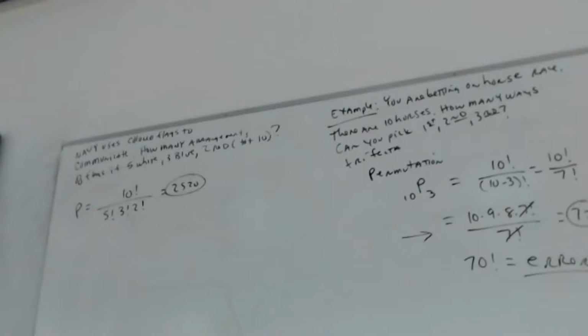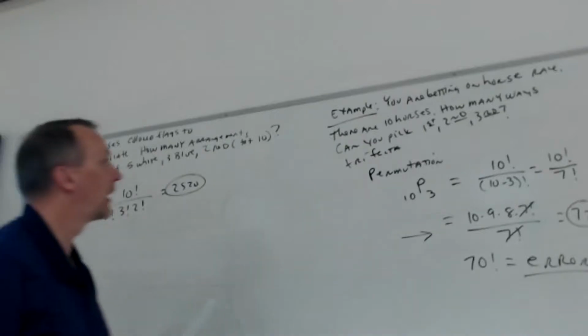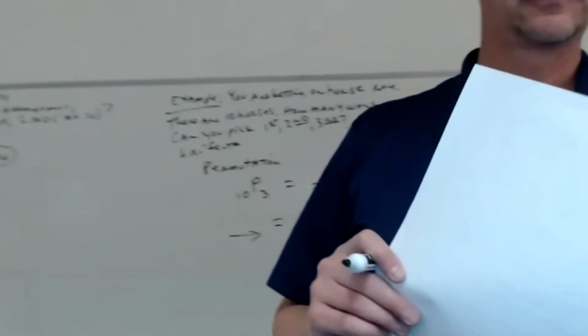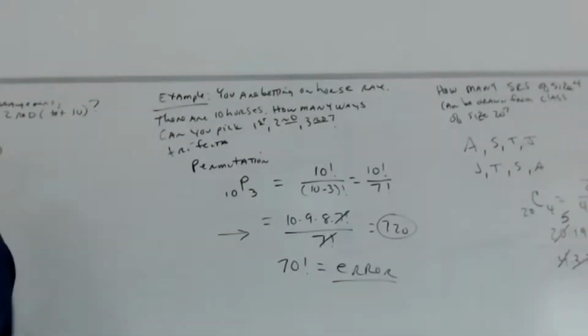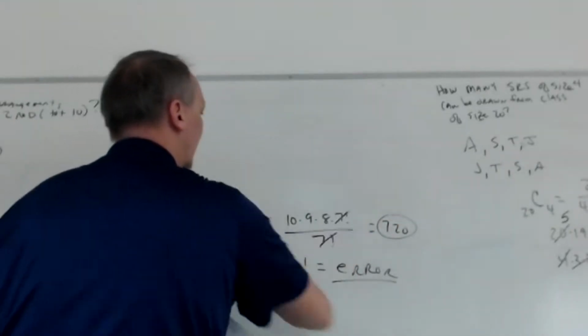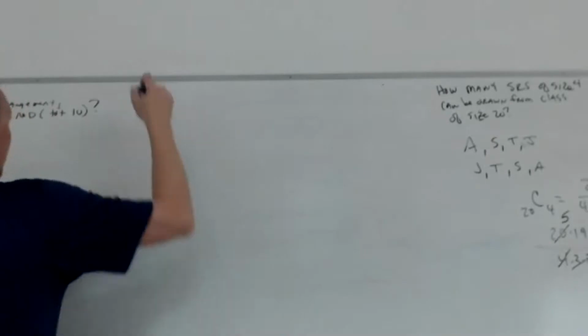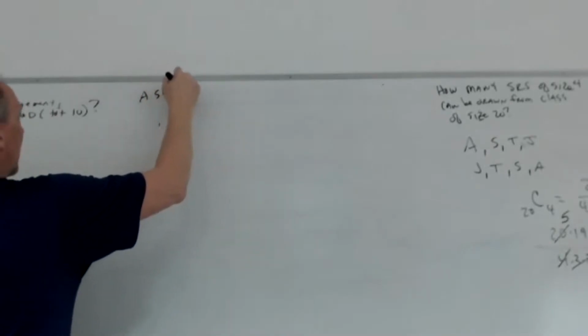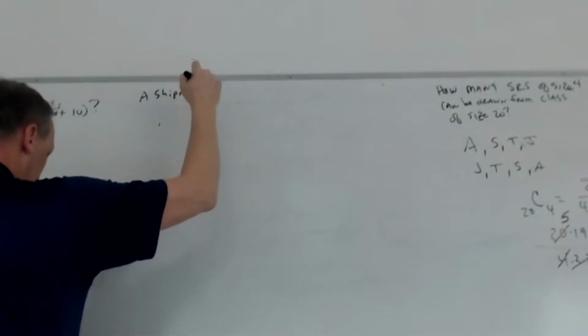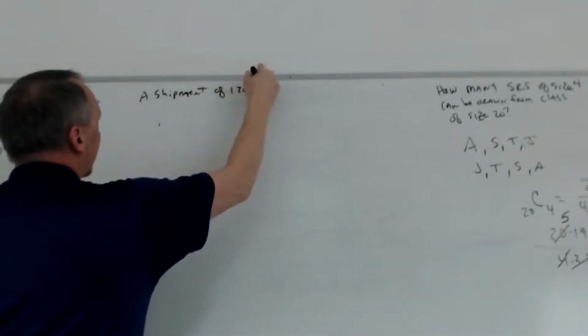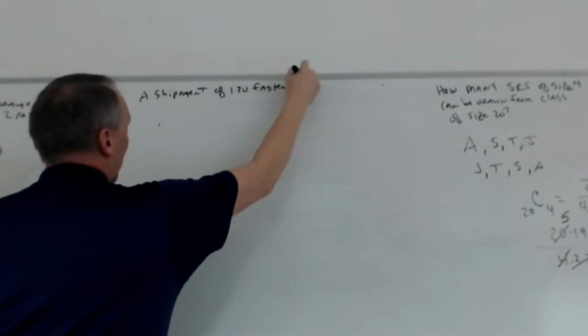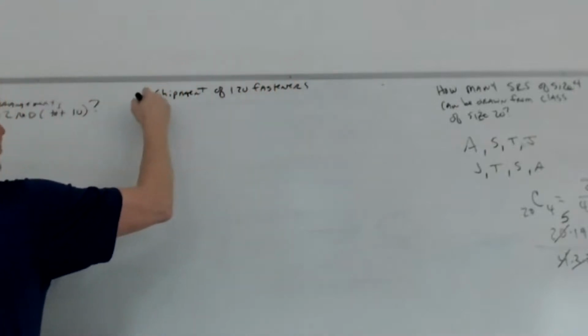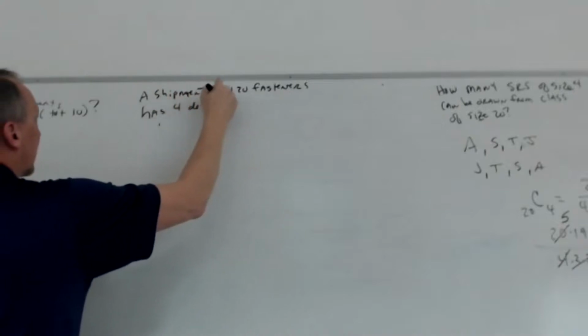Now, remember chapter 5 has been dealing with probability. We haven't talked about any probability today, have we? Now's our chance. Okay? So let's say a shipment of 120 fasteners has 4 defects.